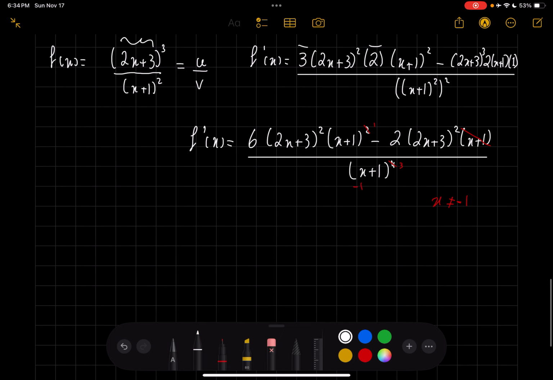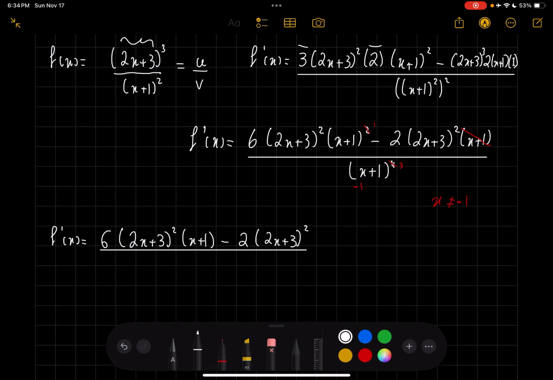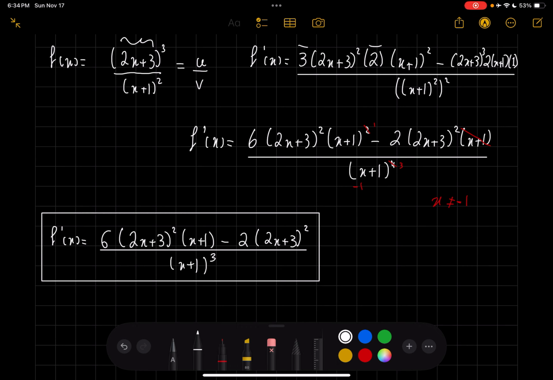So the final form of f prime of x is going to be 6 times 2x plus 3 to the power of 2, times x plus 1 to the power of 1, minus 2 times 2x plus 3 to the power of 3, all of it over x plus 1 to the power of 3. This is basically our final answer.